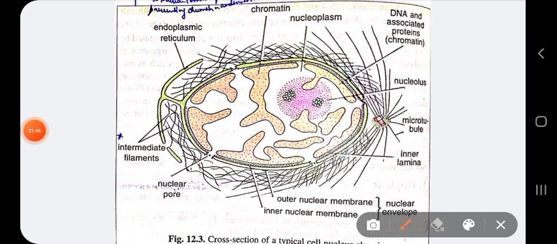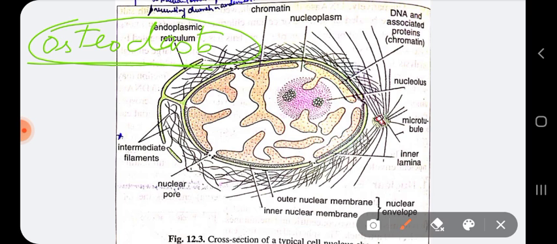Let us write osteoclasts. So they have multiple nuclei, and some cells don't have a nucleus at all, like erythrocytes, the red blood cells. They don't have any nuclei.